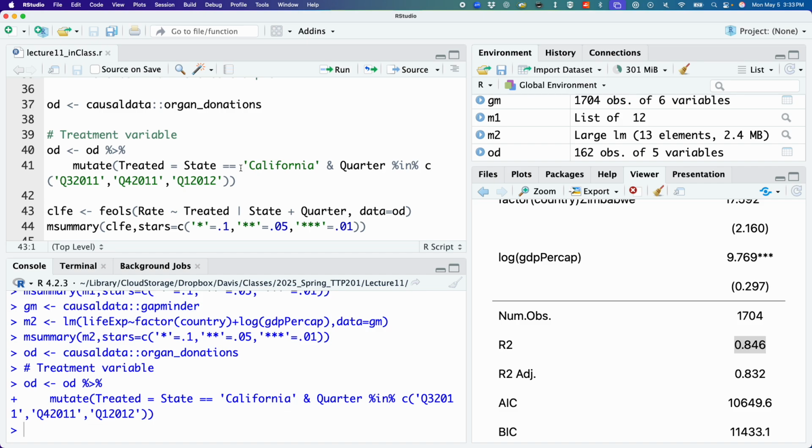But some states allow an opt-in choice, right? This is most commonly done through driver's licenses. You are presented with an option that says, hey, I do want to be an organ donor. And if you don't do anything, then you're opted out, right? So this is what's known as an opt-in.